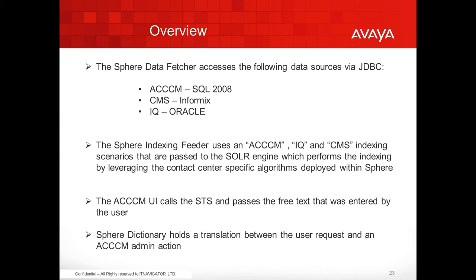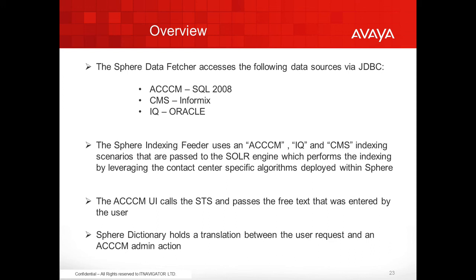The Sphere indexing feeder uses ACCCM, IQ, and CMS indexing scenarios that are passed through our Solr engine, which is our indexing engine, which performs the indexing by leveraging the contact center specific algorithm deployed within Control Sphere. The UI calls that indexing feeder itself and passes the free text that the user enters.